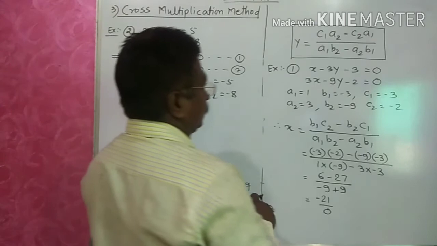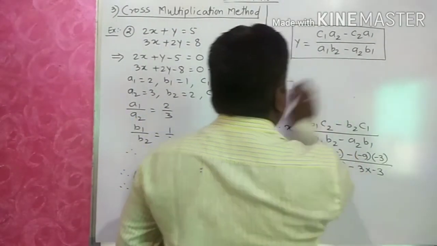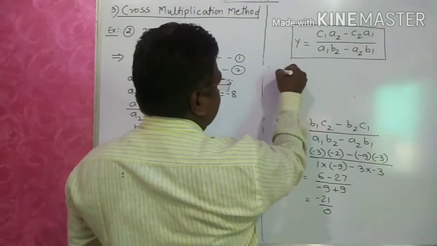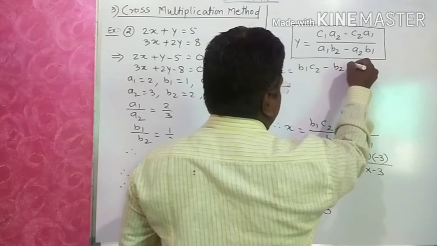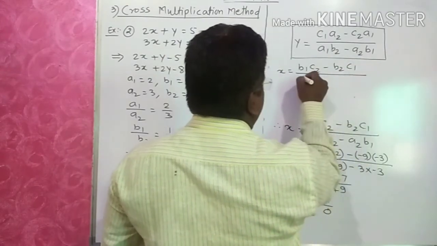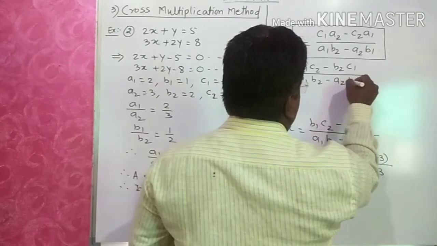For that purpose, what has to be done? Write the formula. x equals b1 c2 minus b2 c1 by a1 b2 minus a2 b1.